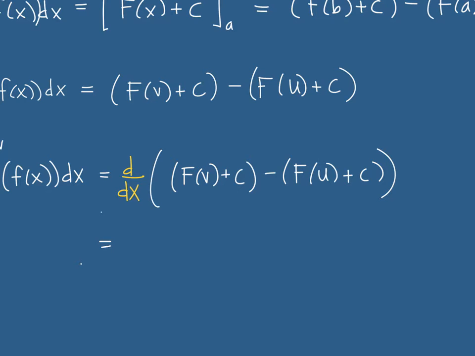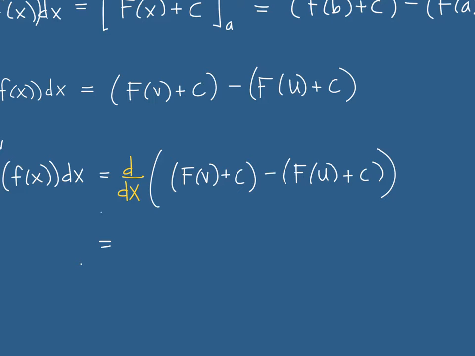What do I do with the v? Almost. We take the derivative of the outside, and what do we do with the inside? Well, we leave it alone. And then we do the derivative of the inside, because the inside is a variable. So that's our rule that we learned.